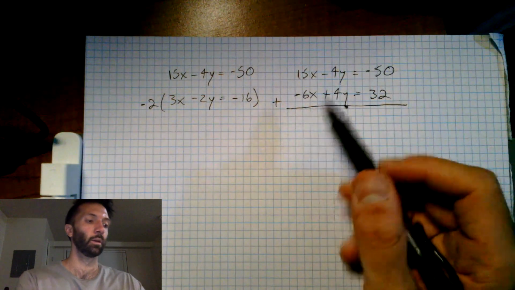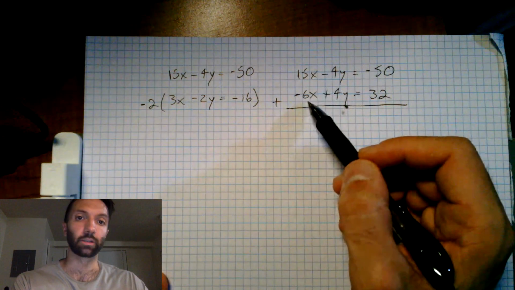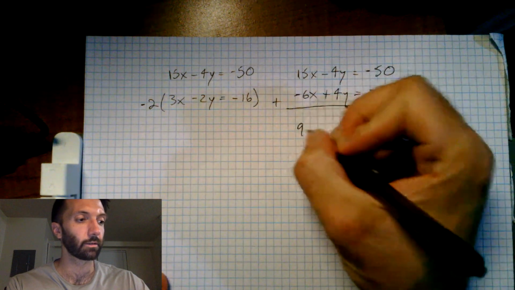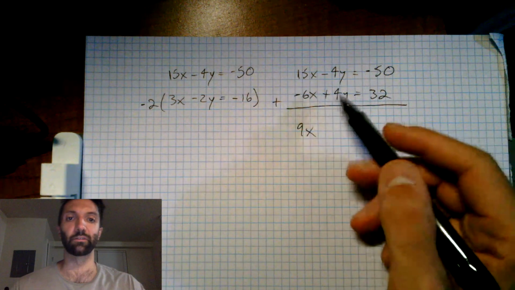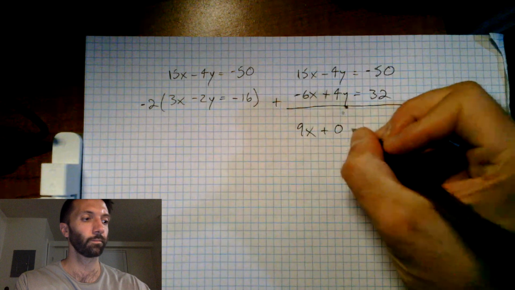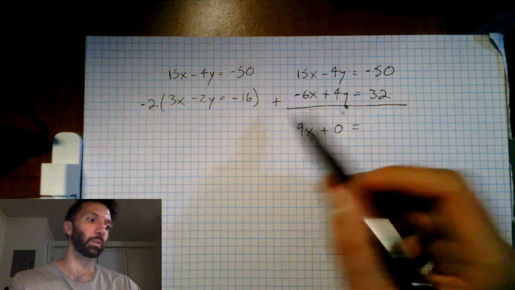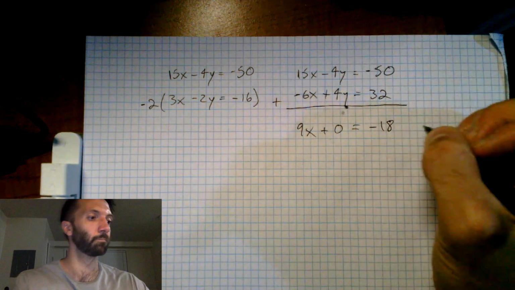All right. And so 15x plus negative 6x is positive 9x. And then negative 4y plus positive 4y is 0, which is what we wanted. And then negative 50 plus 32 is going to be negative 18.